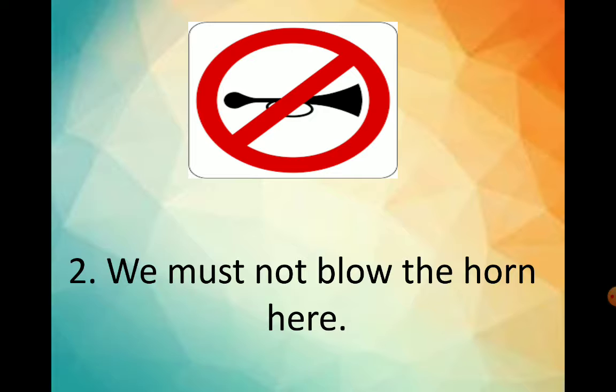Yes, it is no horning, or no blow the horn here. So now again we have to put the must or must not in the sentence. We must not blow the horn here.